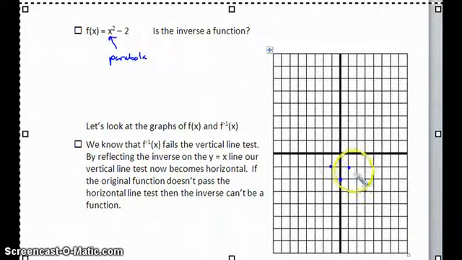If I put a 2 in here, I'd end up with 2. And over here, if I put -2 in, I'd end up with 2 also. And my graph would look like this. Missed that point, but that's okay.